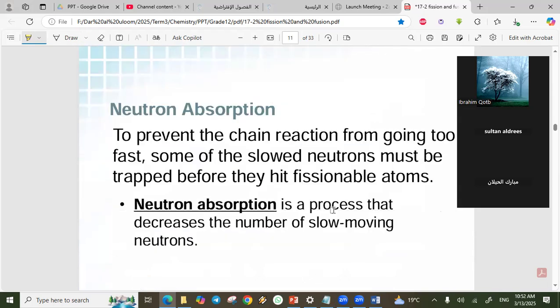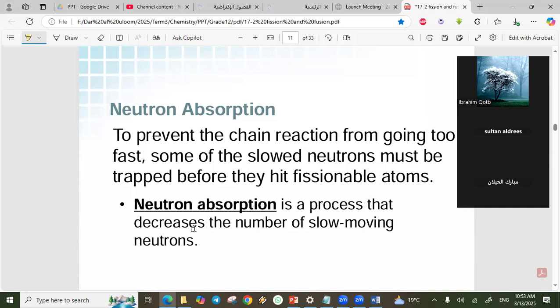The second is called neutron absorption. If the number of neutrons increases too much, we cannot control the reaction, and this may cause the reactor to explode. So we have to absorb some of the neutrons by neutron absorption.